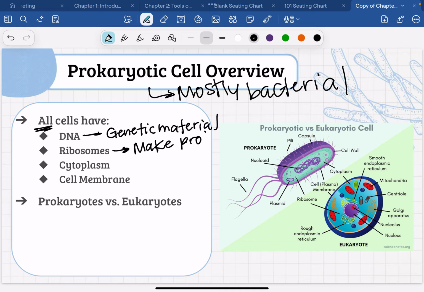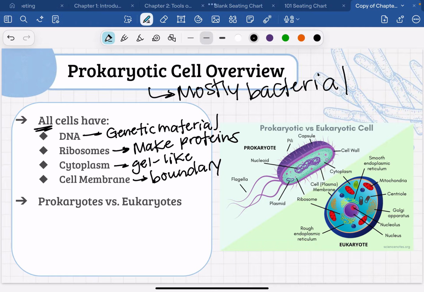It's a quick overview. Cytoplasm, which is the jelly-like substance that makes up the inside of a cell. And then the cell membrane, which is the boundary.